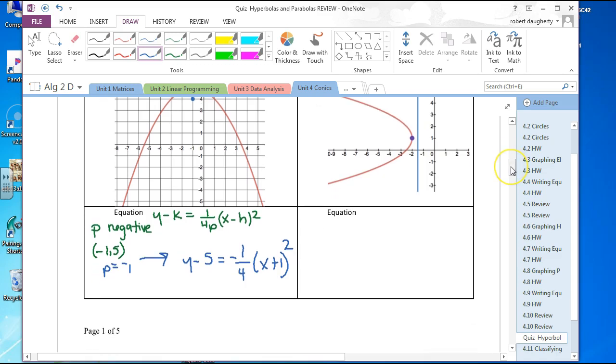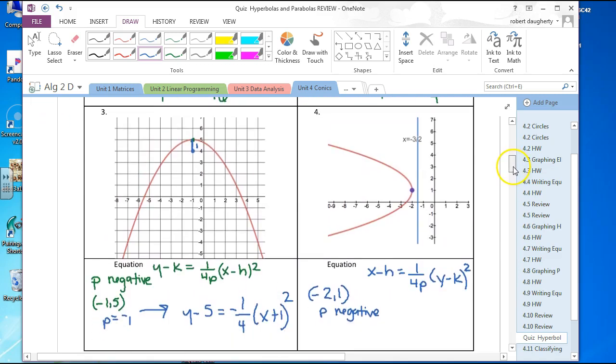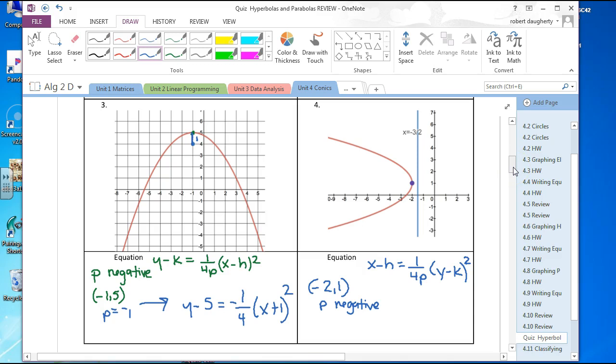Next one, parabola. This is horizontal. It will be of the form x minus h equals 1 over 4p times y minus k squared. Vertex is -2, 1. I know in this case p will also be negative because this opens to the left. Don't get overly concerned, these are just fractions. The vertex is at -2, and the directrix is -3/2.